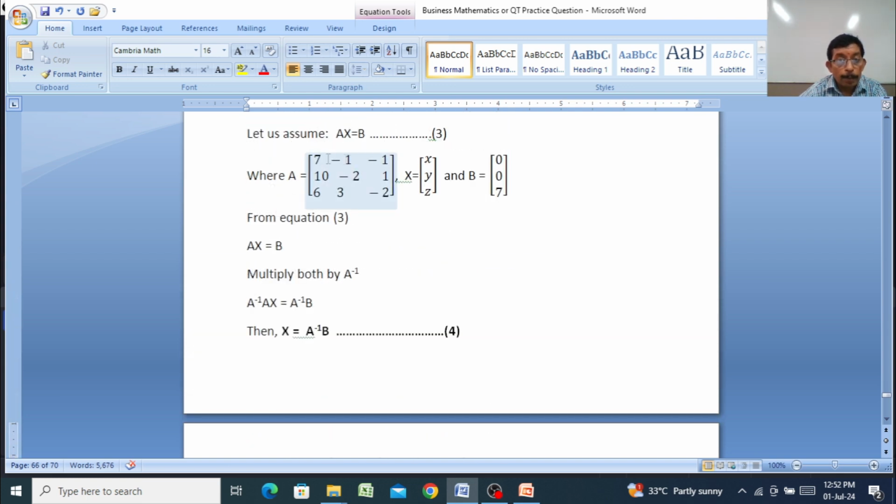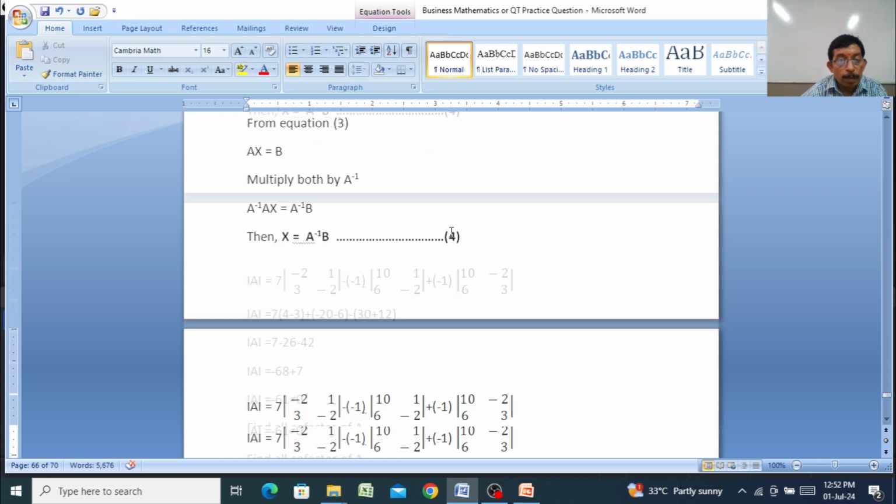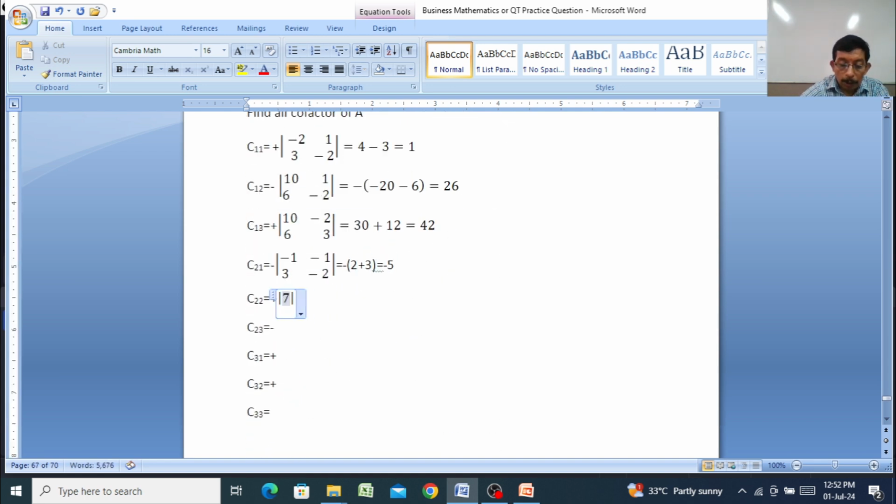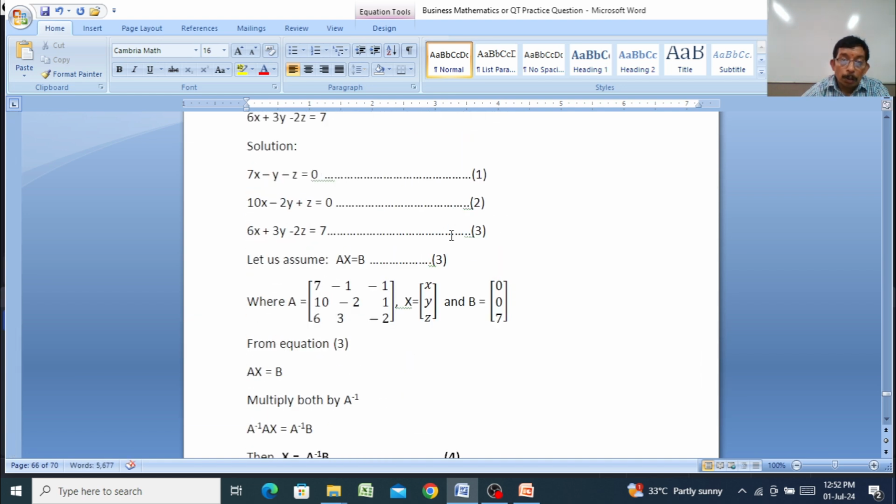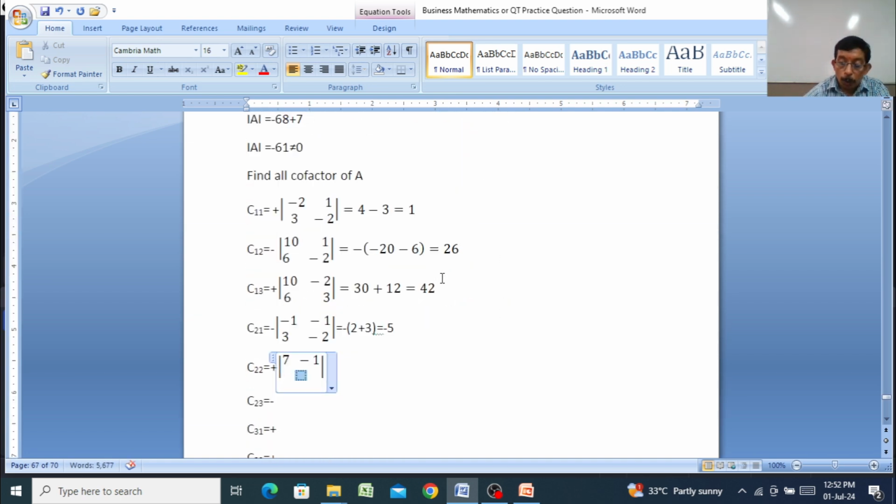Then the remaining elements 7, -1, 6, -2. Now simplify: 7 times 2 is 14, minus 14, minus plus 6. The result becomes -8.